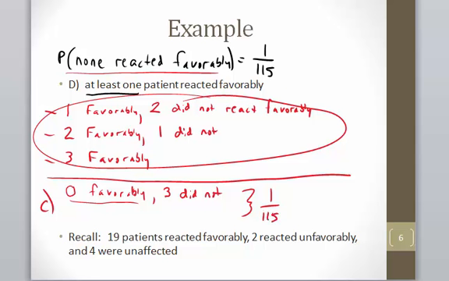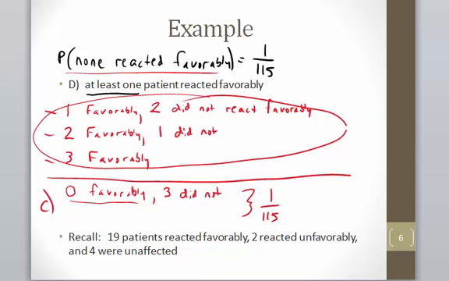And so the easiest way to deal with answering this part of the problem is to remember that if we take all of these 4 events and put them together, we end up with a probability of 1. We end up with a 100% chance that one of these outcomes is going to happen. And so we can sort of back into our answer up here by saying that we know that the answers have to add up to be 1.